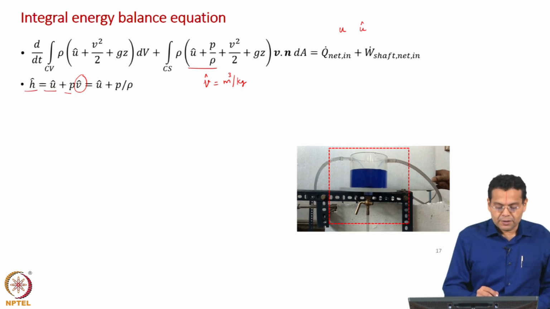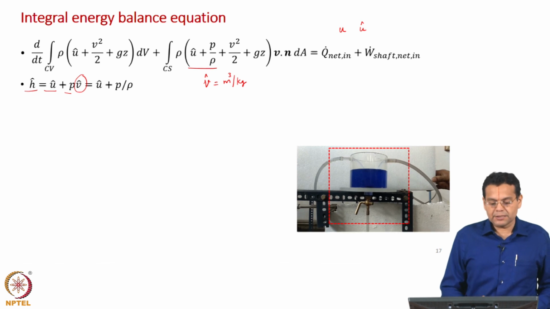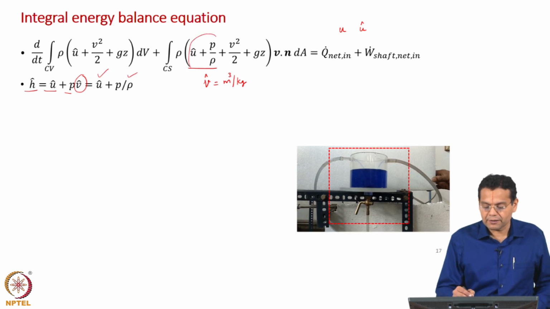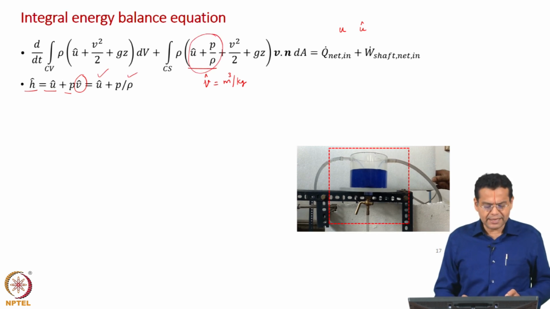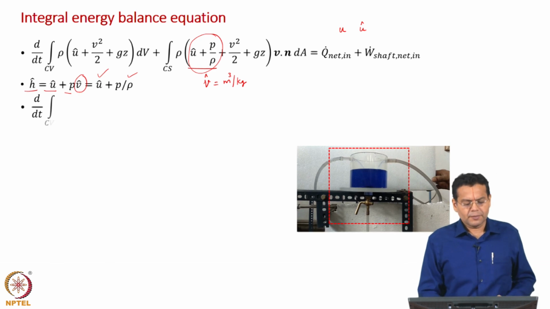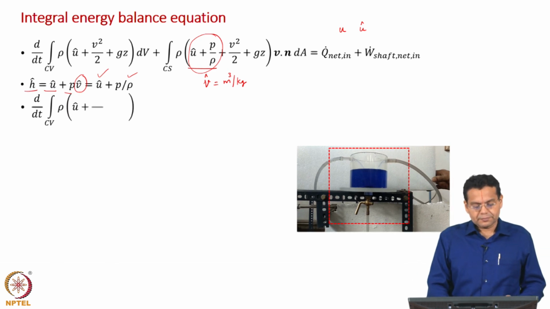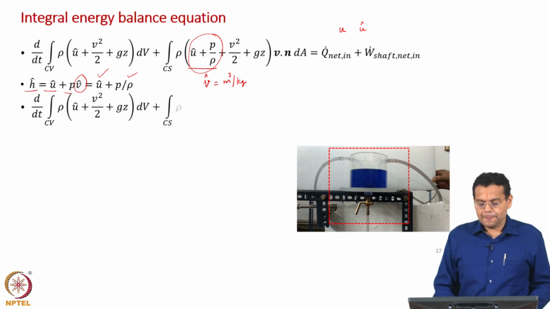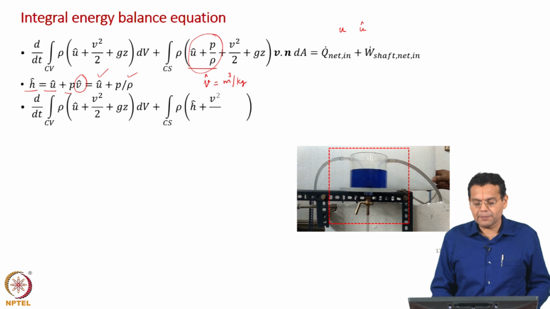So, H cap is equal to U cap plus P V cap, which can be expressed as U cap plus P by rho, and that is what we have here. Okay. So, let us write in terms of enthalpy. U cap plus P by rho has been expressed in terms of H cap, of course no other change compared to the previous equation.